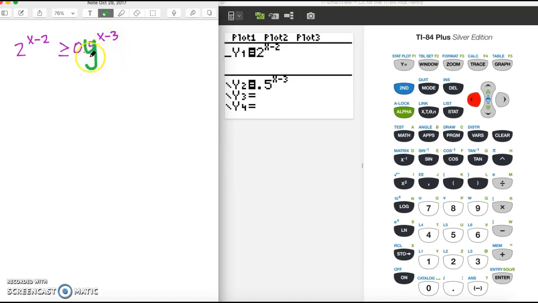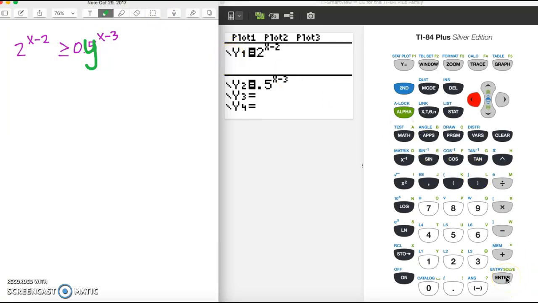So if we read this now, it says y is less than or equal to 2 to the x minus 2. I'm reading it backwards because the variable is on the right side. So for a less than problem, I want to shade below it.